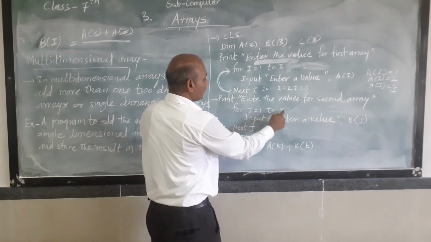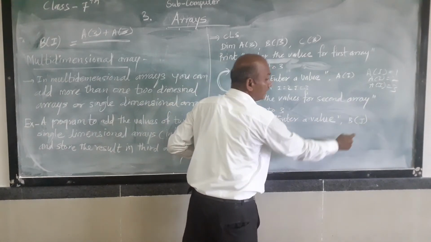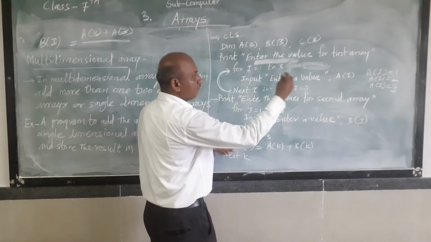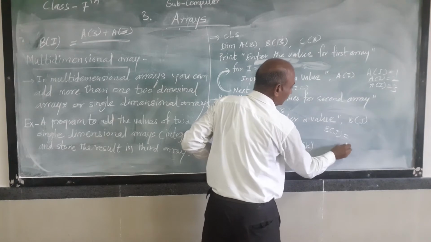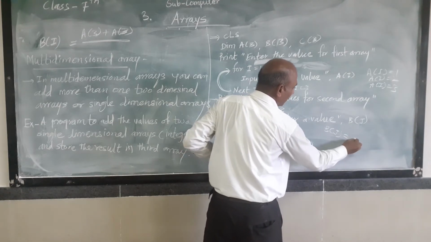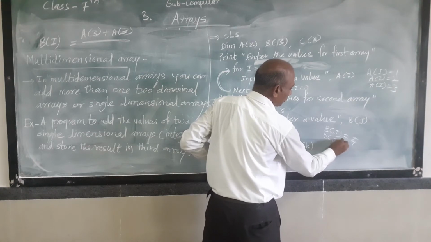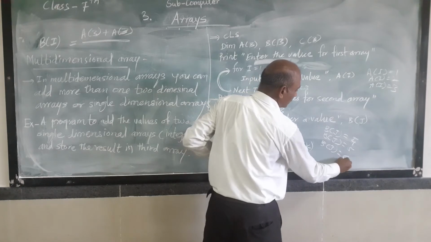J is equal to 1, 2, 3, input, enter the value b of j, next j, the same way b of j, 4, b of j, 5, b of j, 6.